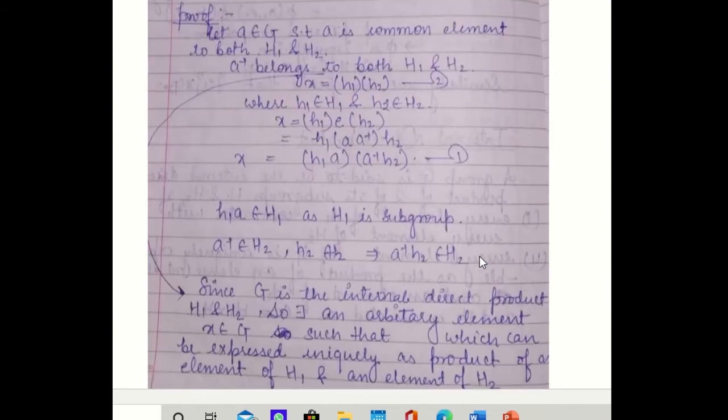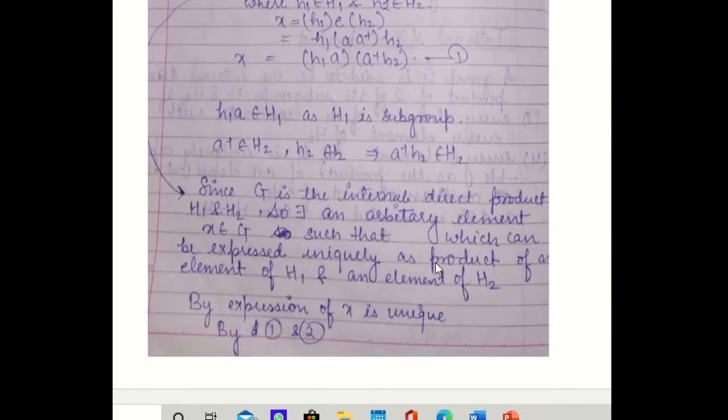Let it be equation number 1. Since h1 belongs to capital H1 and a is also in H1, h1 a belongs to capital H1 as H1 is a subgroup. Now a inverse belongs to both H1 and H2, so a inverse belongs to H2, and h2 belongs to capital H2. So this implies a inverse h2 belongs to capital H2.